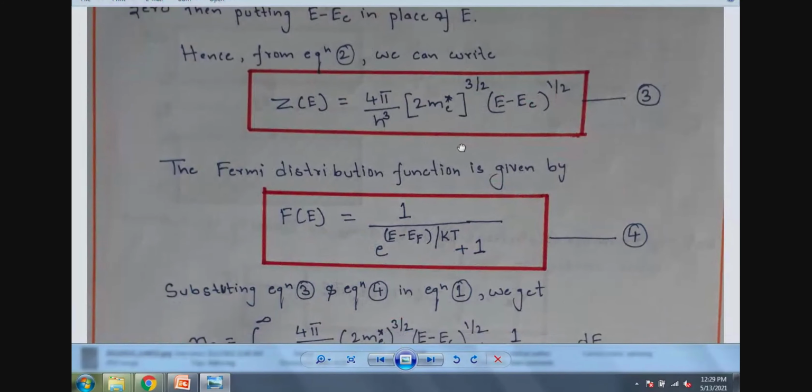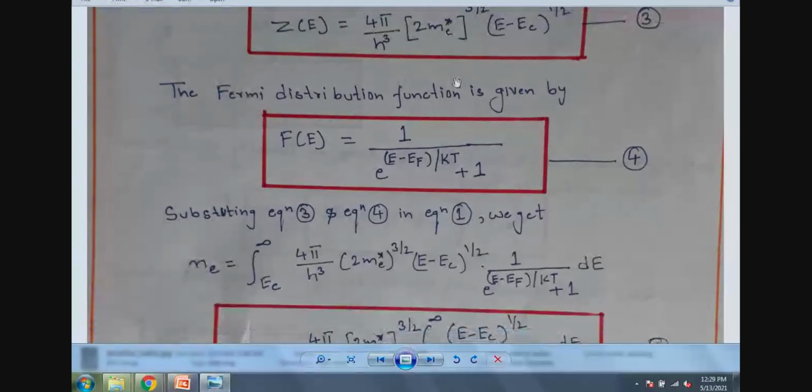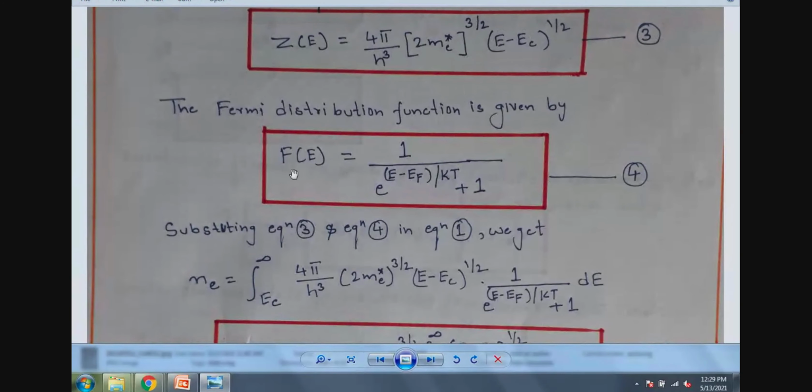Next, the Fermi distribution function is given directly. This is also the Fermi-Dirac distribution function, which comes under statistical mechanics. So you can write F of E is equal to 1 by e to the power of (E minus EF) by KT plus 1, where EF is called the Fermi level, K is the Boltzmann constant, and T is the absolute temperature.